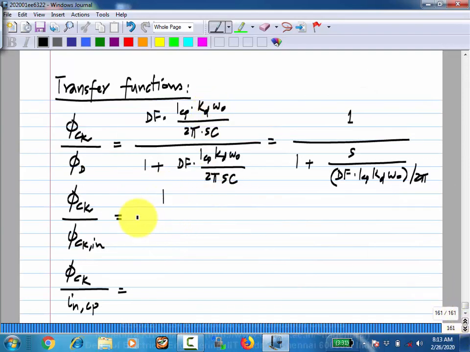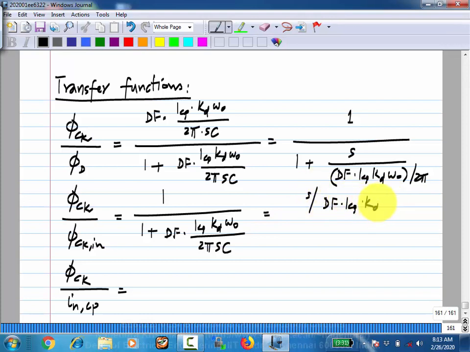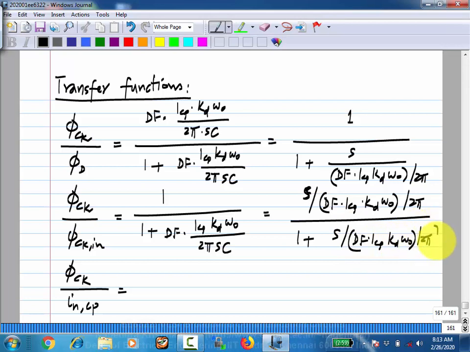So 1 by 1 plus this, okay. And what will this be? The last one, phi ck by in Cp.